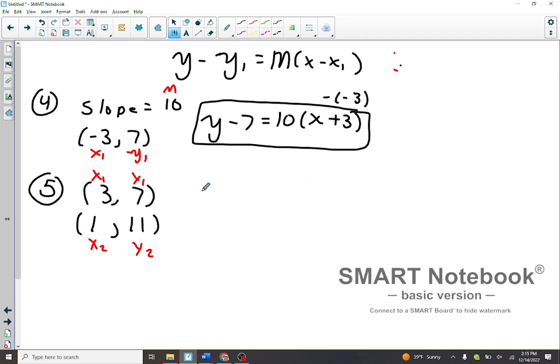So the slope formula is y2 minus y1, so 11 minus 7, over x2 minus x1, 1 minus 3. On the top, we get 4, and on the bottom, we get -2. So 4 divided by -2 is -2. -2 is going to equal my m value, or my slope.